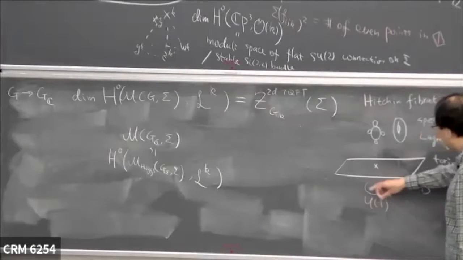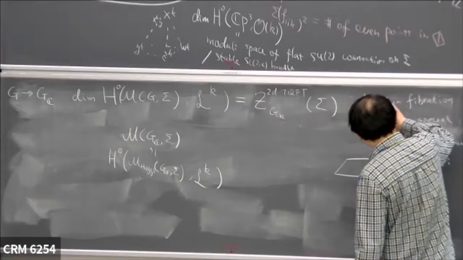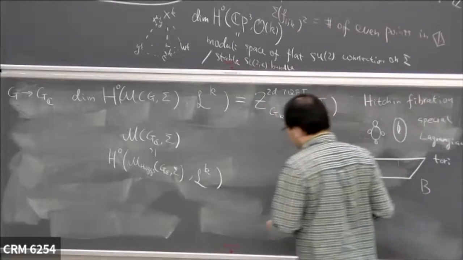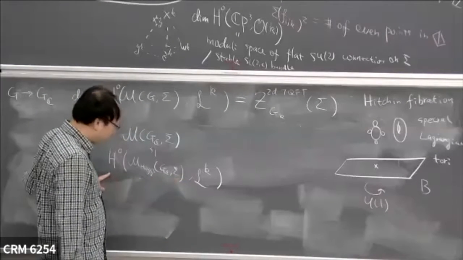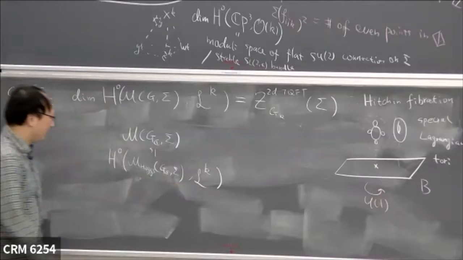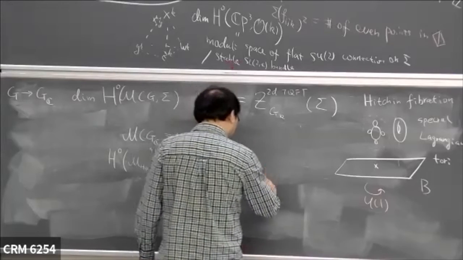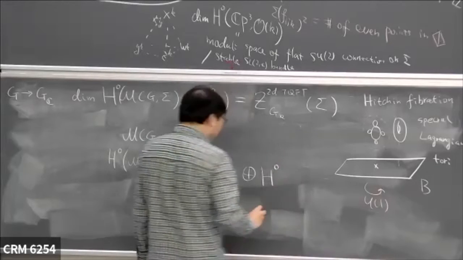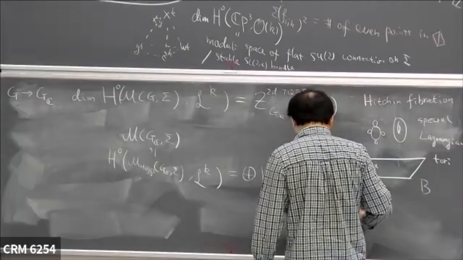And all the fixed points are going to be inside the central fiber. As a consequence, although this is a non-compact space and you expect that this is infinite dimensional, it can be decomposed into finite dimensional subspaces that have a fixed weight under the U1.